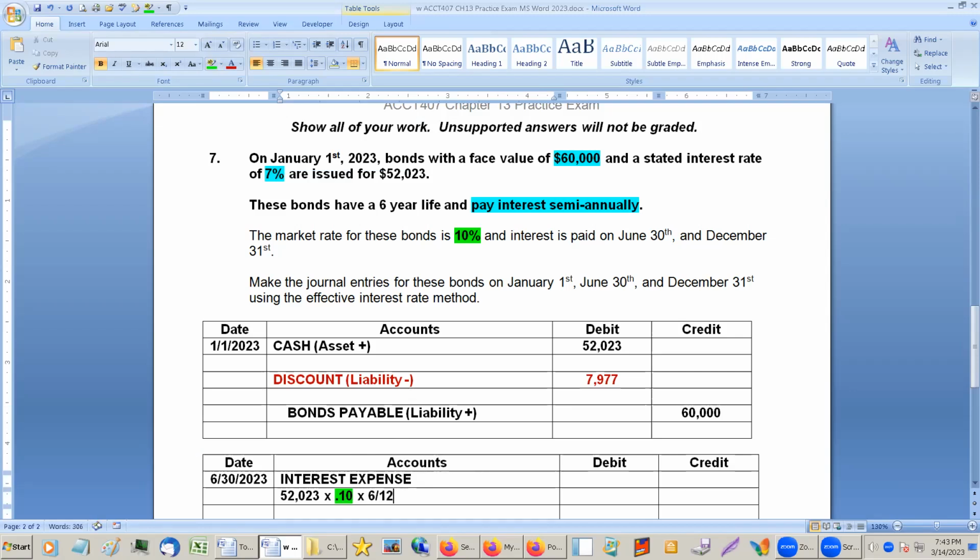Times 6 divided by 12, or again, just divide by 2. Same thing. $601. Have we had it before?